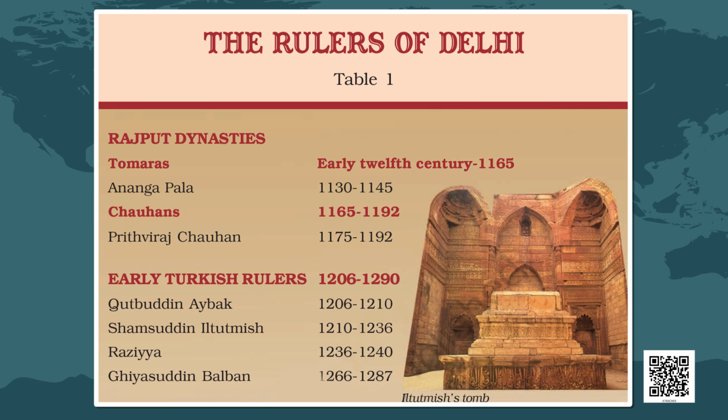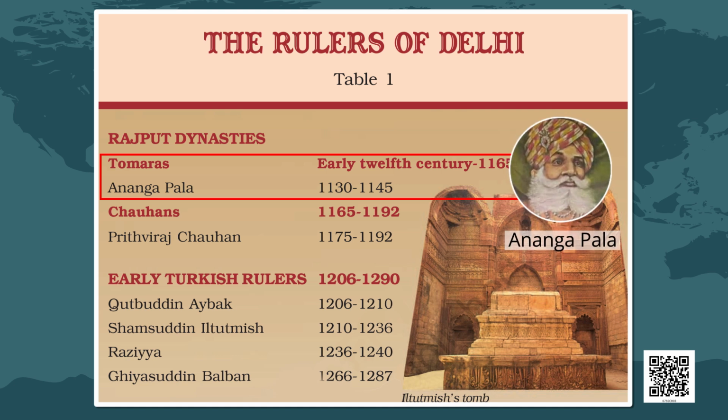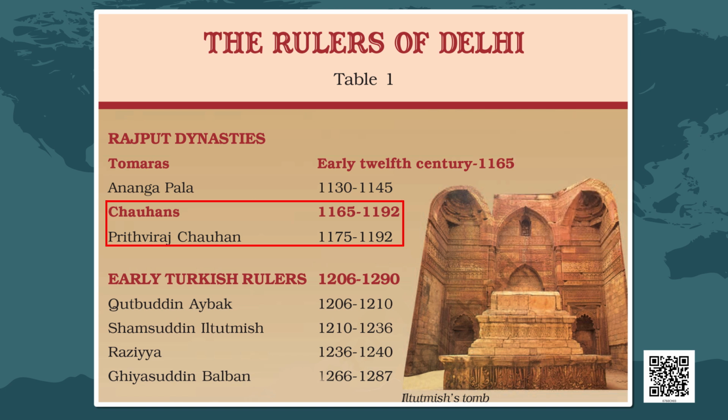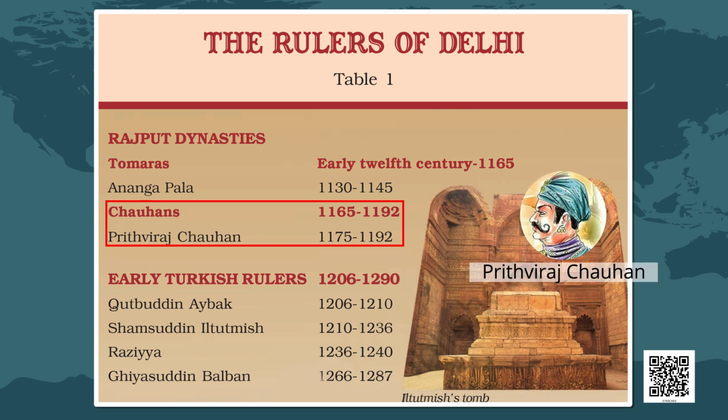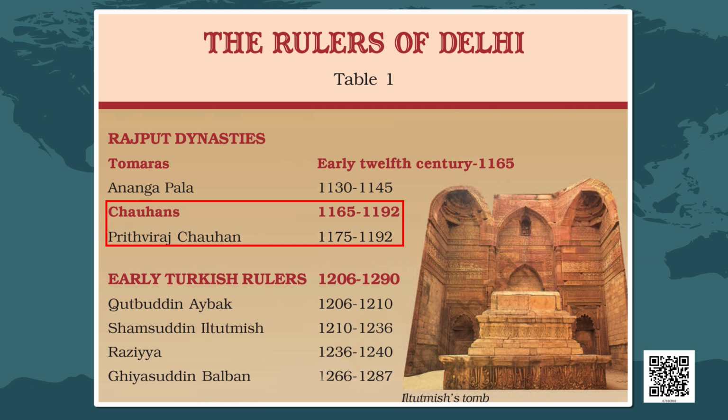Among the Rajputs, the Tomars ruled first, from the early 12th century to 1165, in which Anangpal ruled from 1130 to 1145. After the Tomars, the Chauhans ruled Delhi from 1165 to 1192. Prithviraj Chauhan was a famous ruler of the Chauhan dynasty. He ruled from 1175 to 1195.